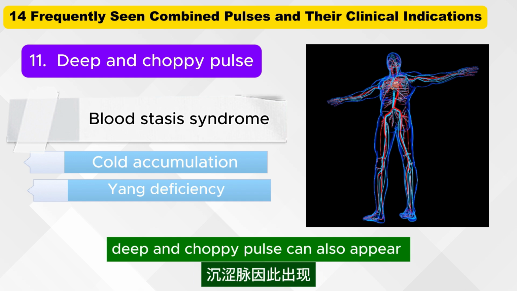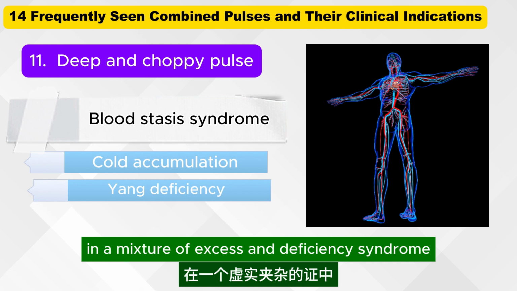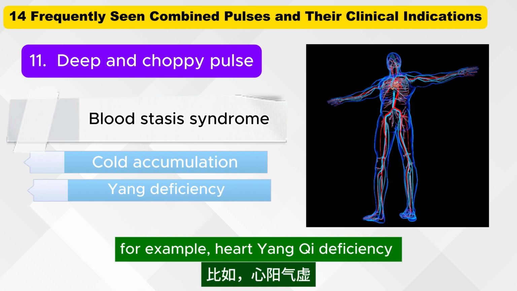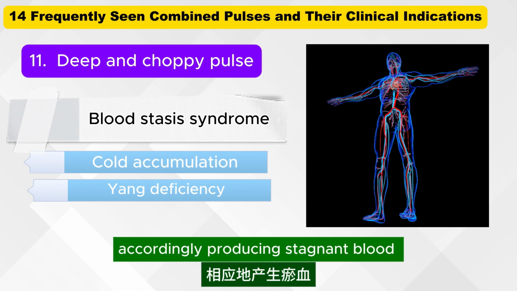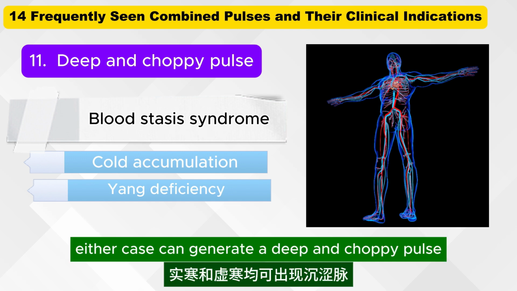Deep and choppy pulse can also appear in a mixture of excess and deficiency syndrome. For example, yang qi deficiency can lead to a weak power in driving blood circulation, accordingly producing stagnant blood. Either case can generate a deep and choppy pulse.